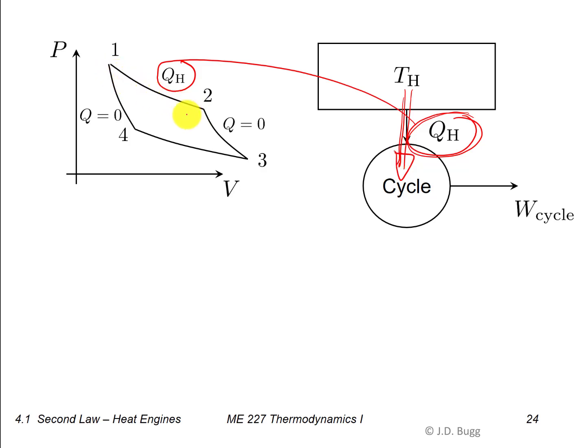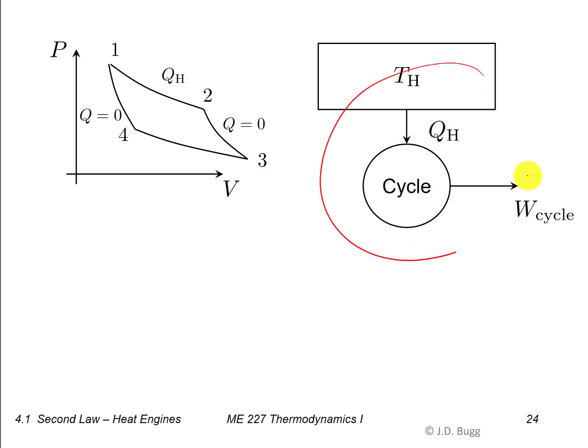However, if we look at our cycle, we see that is not the only heat transfer that is happening. This schematic diagram shows that the only heat exchange between our cycle and the surroundings is this QH. But if we look at our processes, there's another heat transfer that is happening, this QC.